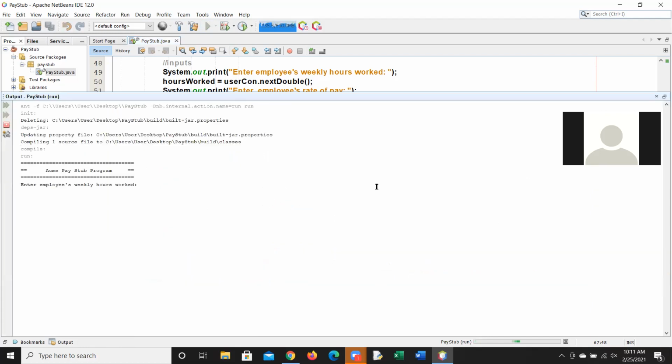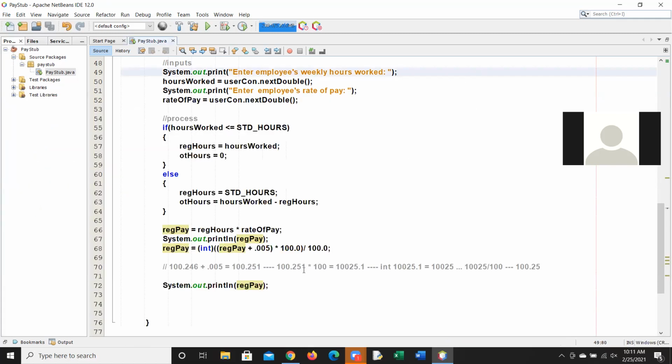Okay, so I'm going to say I worked 40.125 hours. And my rate of pay is $20.17. See the difference? So this is what we want down here. Believe it or not, that should be, I don't know, why am I getting, I think if I print it out, is it taking it to 0 there? Why is that?